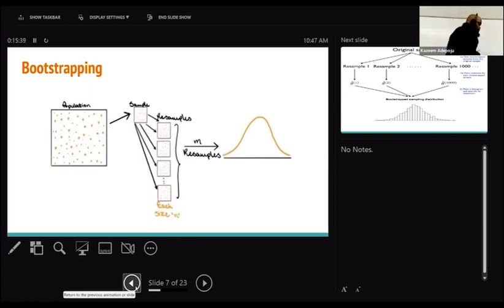Our belief is this: uncertainty arises from randomness, randomness inherent to our data generating process.